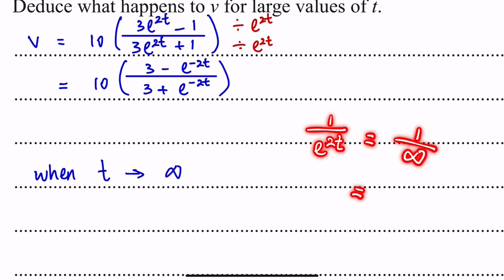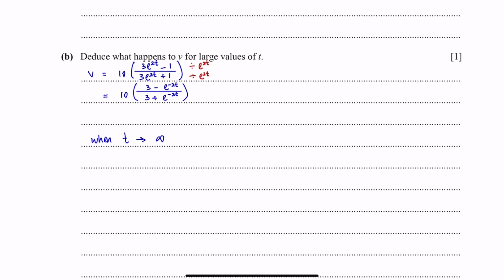And 1 over infinity is 0. So we have v approaching 10 times 3 minus 0 over 3 plus 0. So we have v approaching 10.